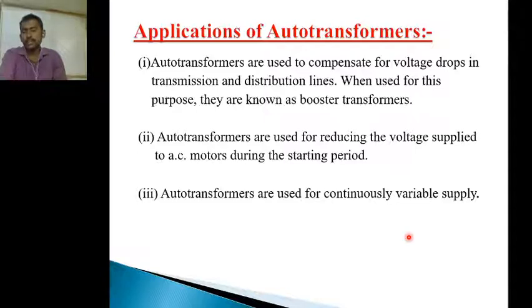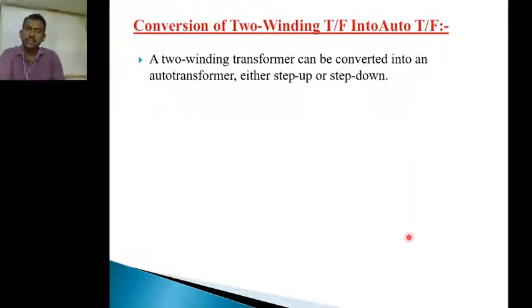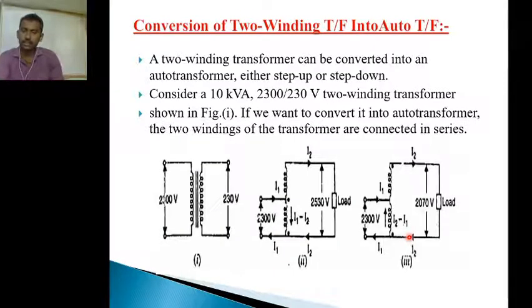How can we convert the two winding transformer into a single auto transformer? Let us see. A two winding transformer can be converted into an auto transformer in either step up or step down mode. Considering one example, we have a 10 kVA, 2300 to 230 volts two winding transformer. From this we can have either a step up or a step down transformer.